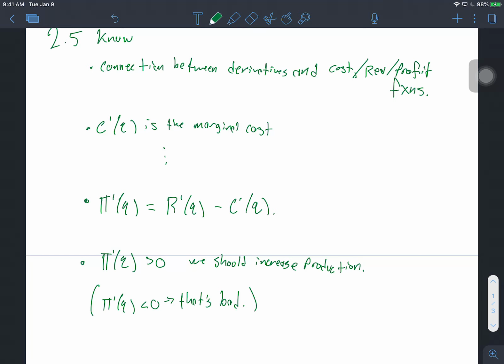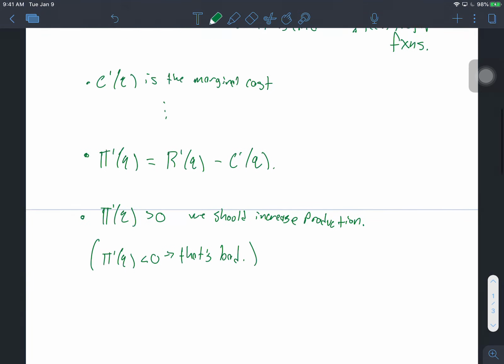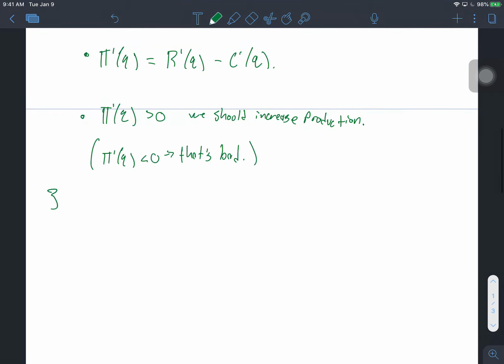So next up is 3.1. So this is getting into derivative rules. So 3.1, we should know the sum and difference rule, what else should we know?